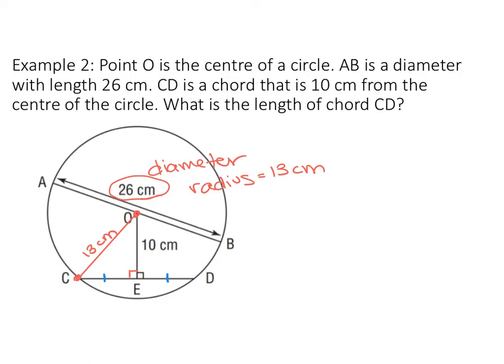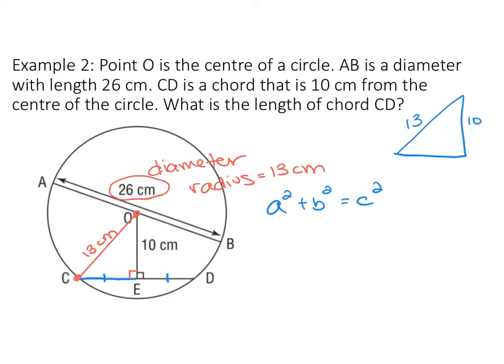So can I find this missing blue side from C to E? Absolutely, Pythagorean theorem. So remember, a squared plus b squared equals c squared. I have my hypotenuse, so I need to do, I'm going to say, let me just sketch out my triangle over here. So I know this is 13.